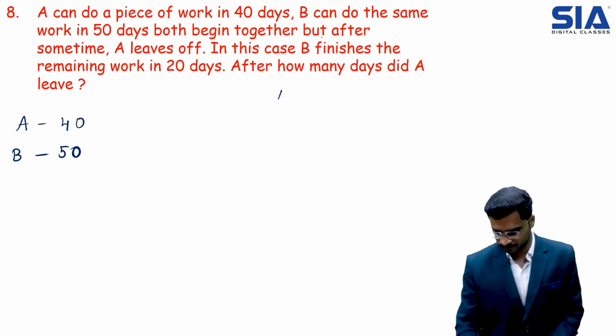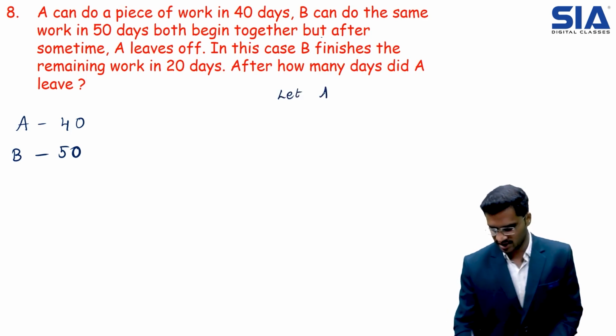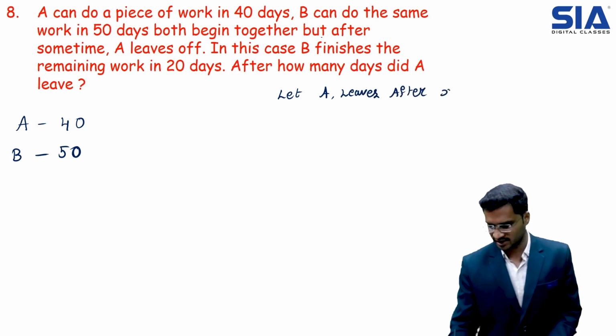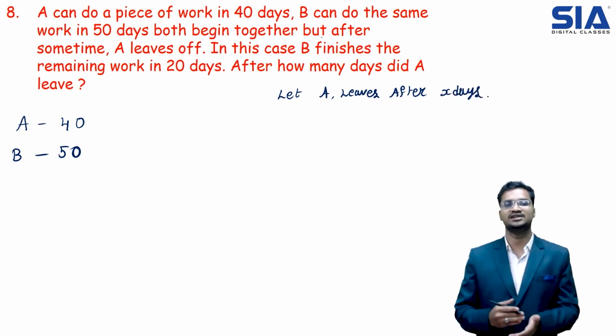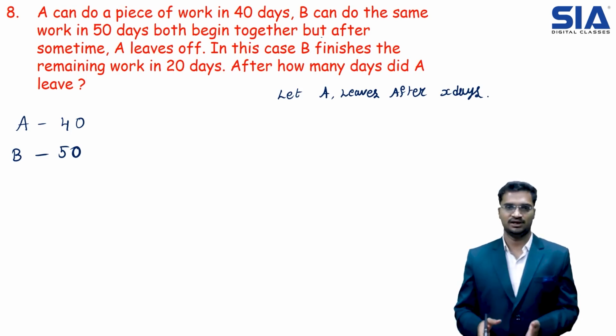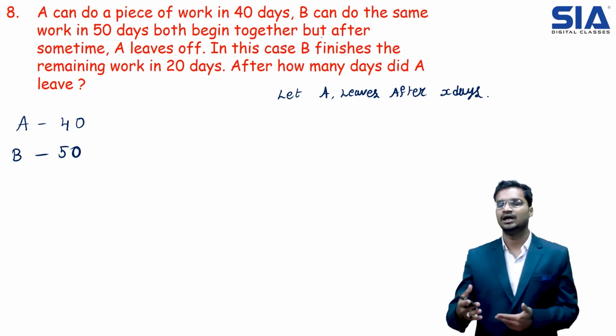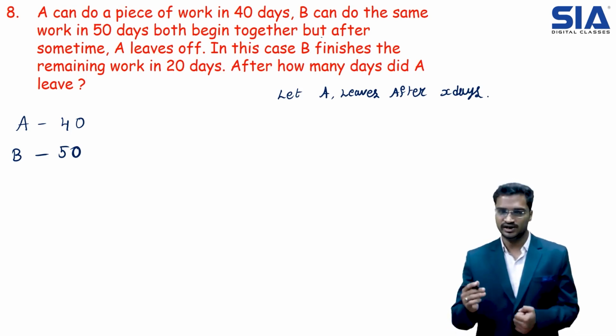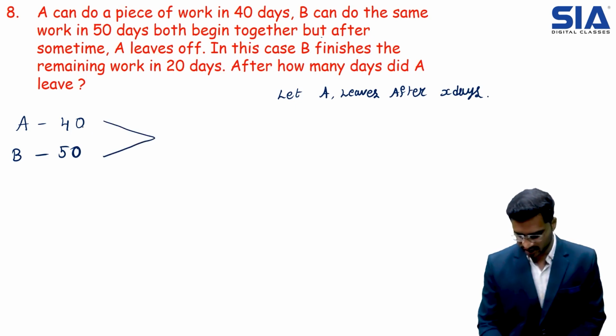Let us assume A leaves after working for X days. So A is working for X days and then he is leaving. In this case, B finishes the remaining work in 20 days. In this particular case, B is finishing the remaining work in how many days? 20 days.